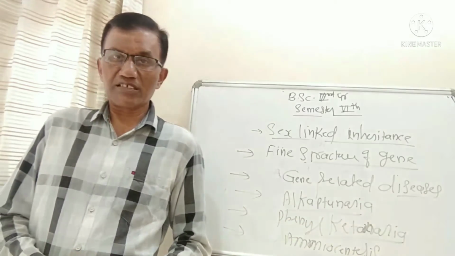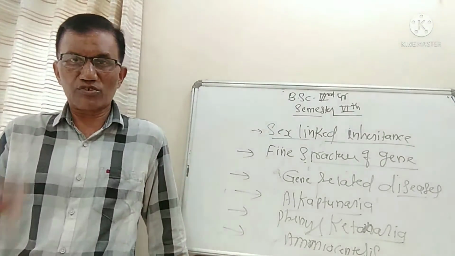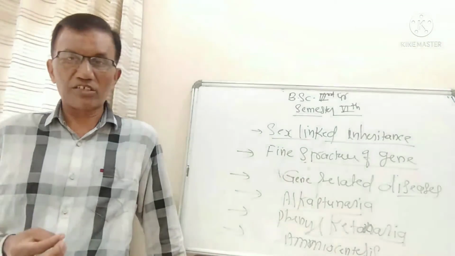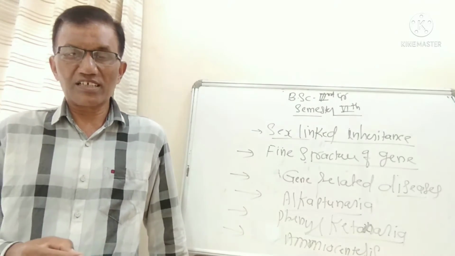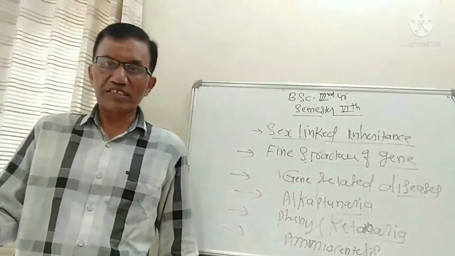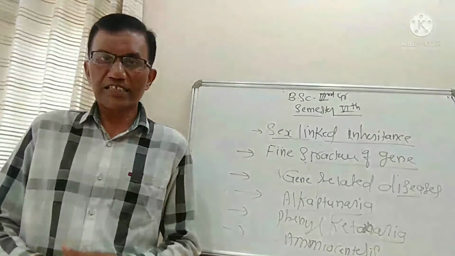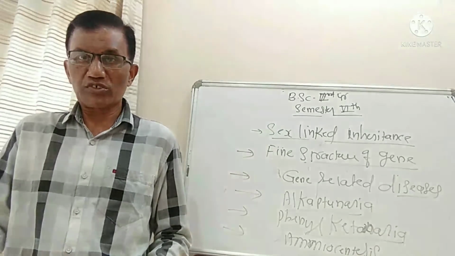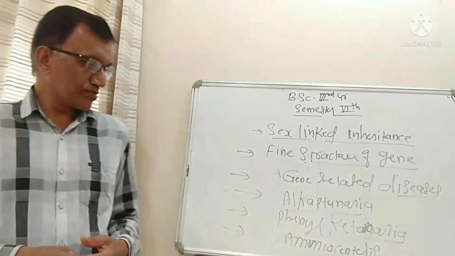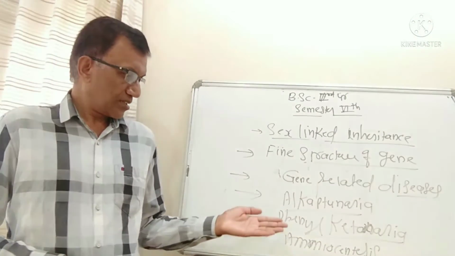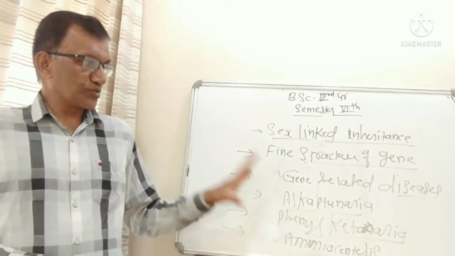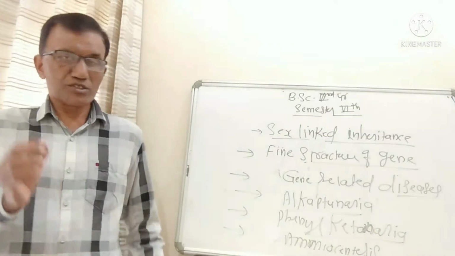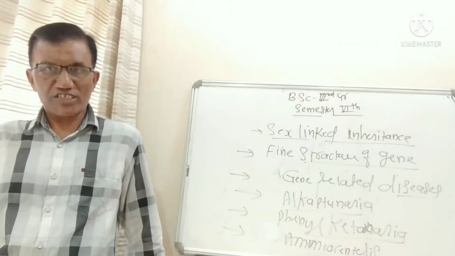For MCQ-type questions, you just have to remember the common names of alkaptonuria and phenylketonuria, which amino acid is not converted, which specific enzyme is responsible for converting that amino acid into simpler forms, and then amniocentesis. All these things have to be remembered stepwise, then only will we be able to write a specific answer to those MCQ questions.